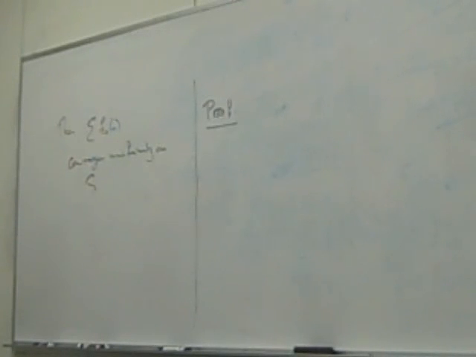We have to show that the sequence of partial sums converges in the infinity norm. So we'll show that it's Cauchy in the infinity norm.